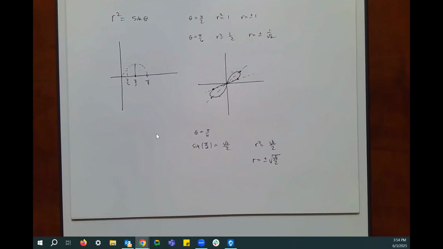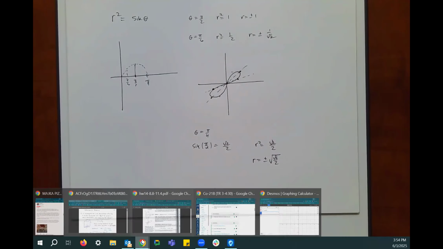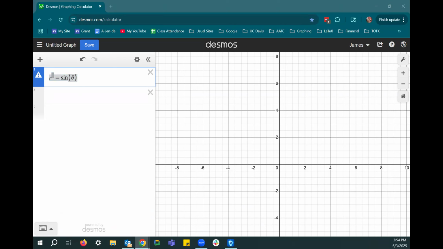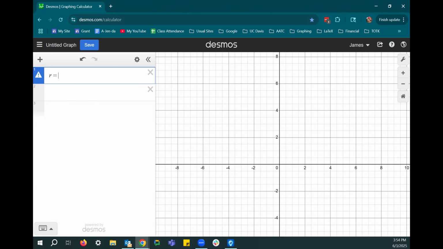I really thought Desmos was actually going to graph it. I'm curious what happens if we try to graph the square root of sine of theta. Let's just delete it all. All right, and then we'll get to the last thing here, real quick. Well, that is not at all the same. It's very different.